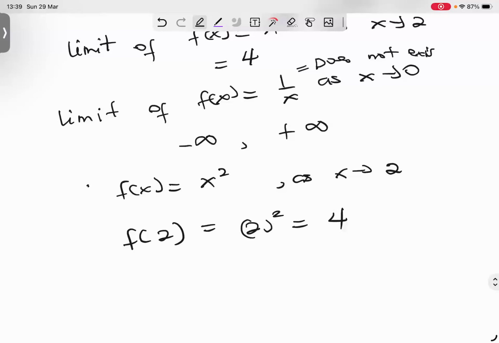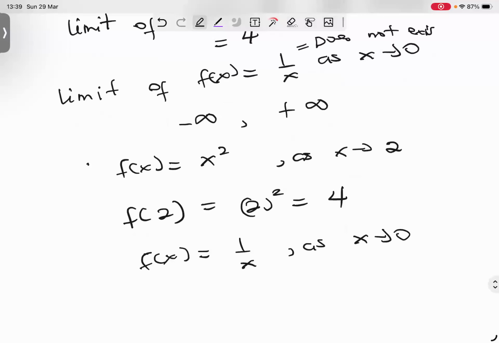From the second example as well, we have f of x equal to 1 over x. As x approaches 0, the limit does not exist because the answer we got from the left was minus infinity, and from the right was positive infinity.